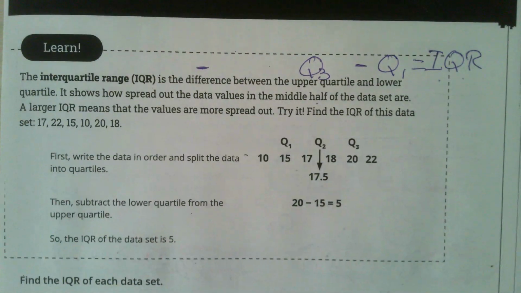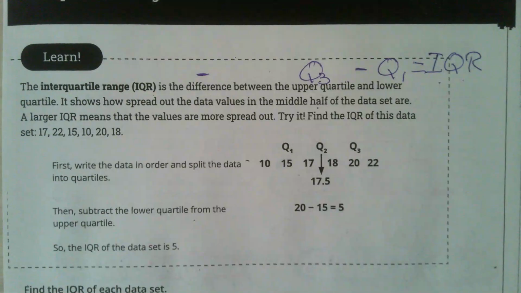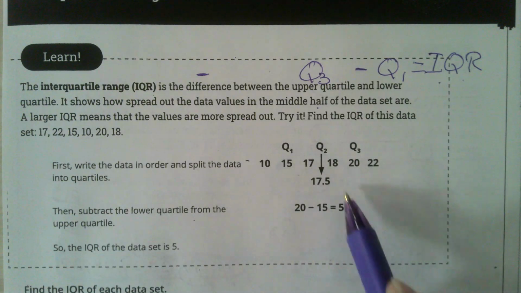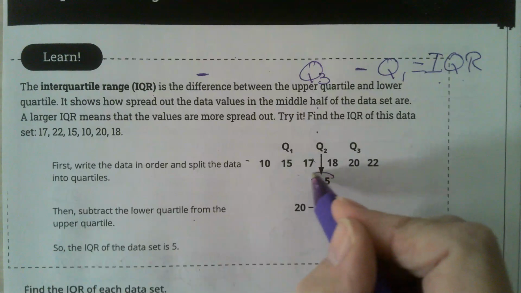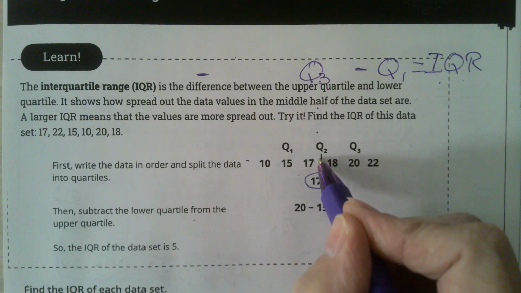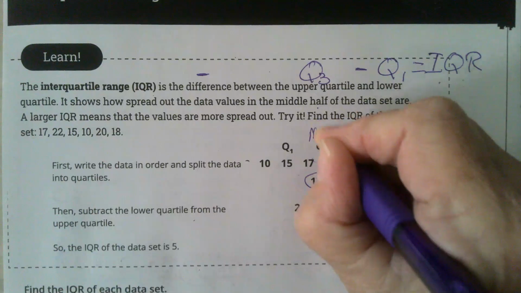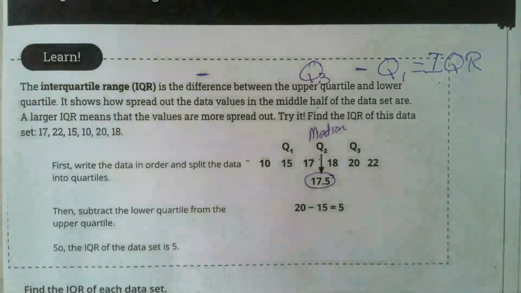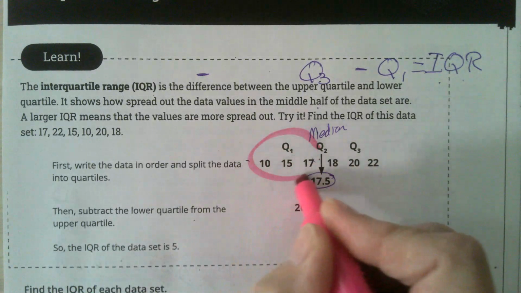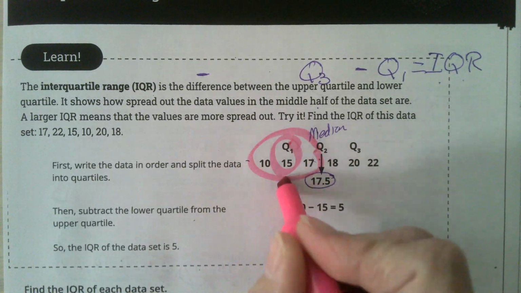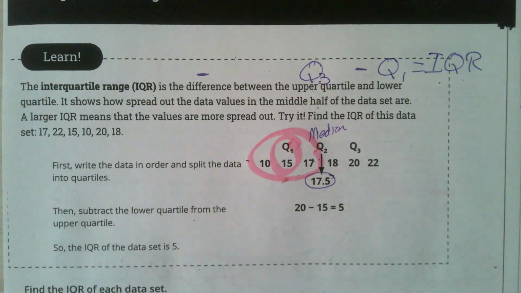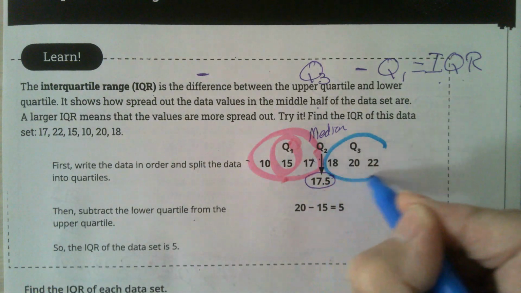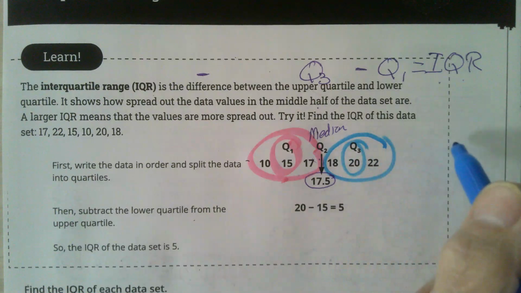Okay, so let's look at what they did. They got their data, and it's in order. They found their middle number, 17.5, your Q2, which is your median. Then they've got their lower group, and they found their middle number, 15. Then they have their upper group, and they found their middle number, 20.